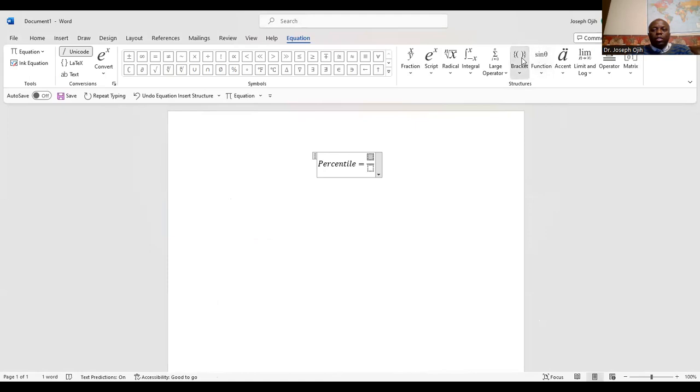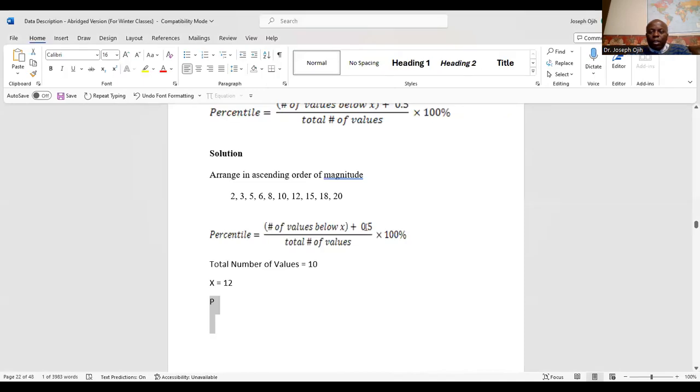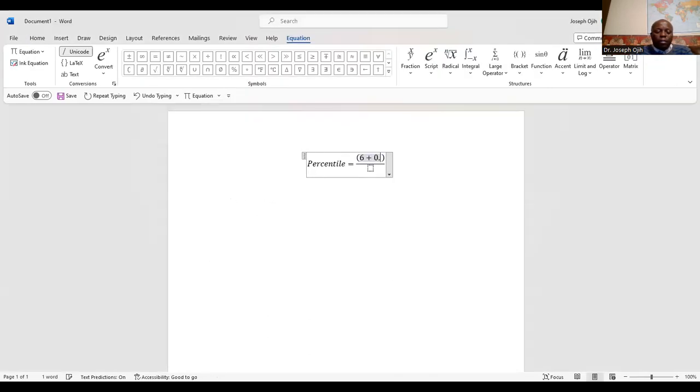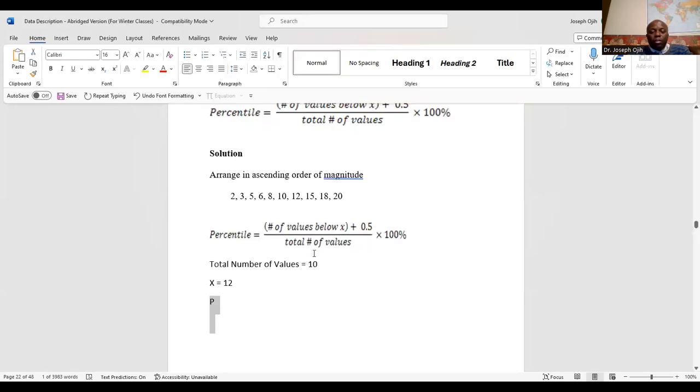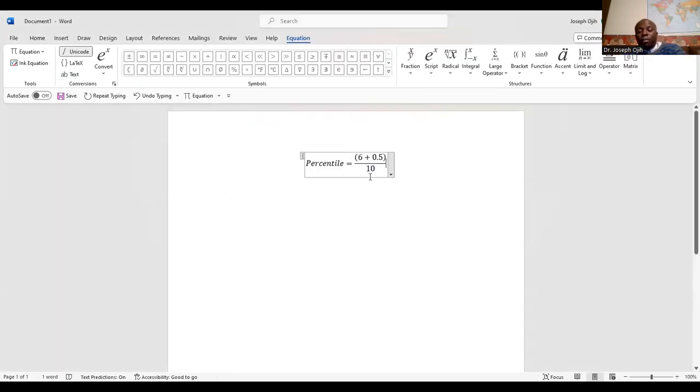We found that should be 6 of them. 6 plus, as you can see, we have 0.5 as part of the formula, 0.5, divided by the total number of values. How many students took the test? 10 of them. So you got 10 right there. Then times 100.